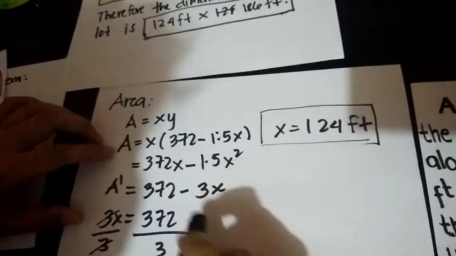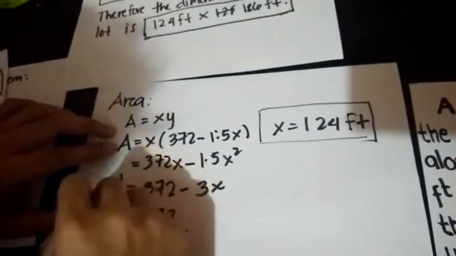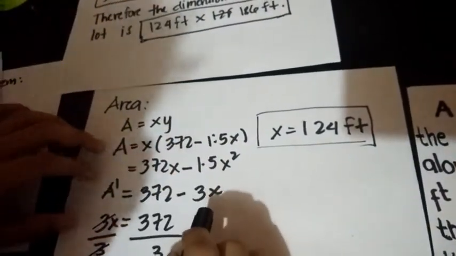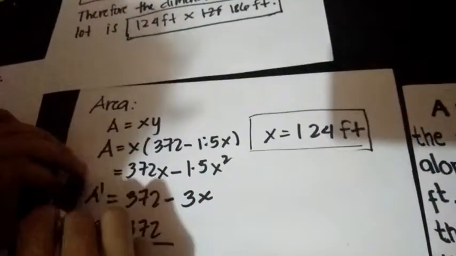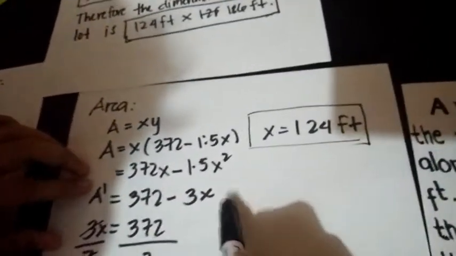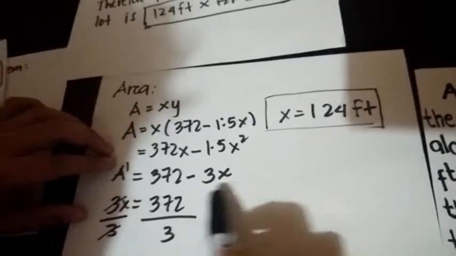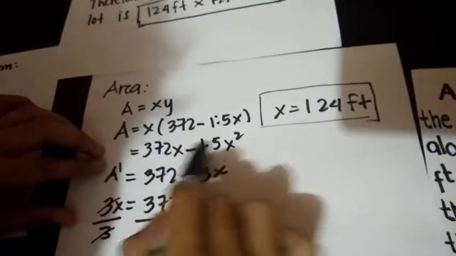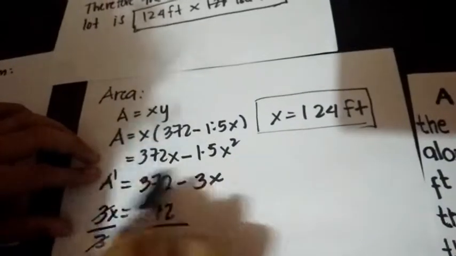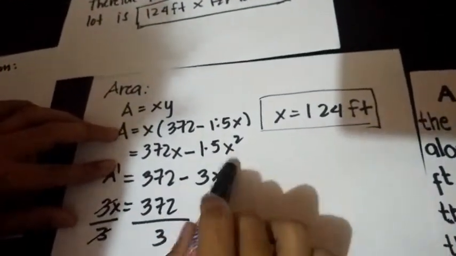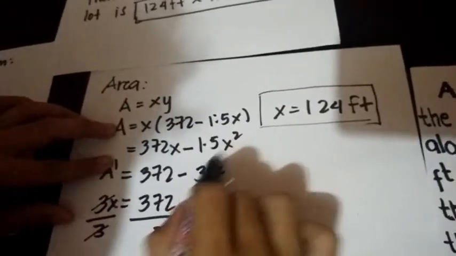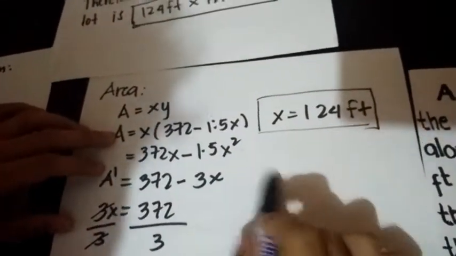So to find it, we must derive the area in order for us to find the x. So the 372 derived will become 372. Then for 1.5 times x squared, we will use the power rule.